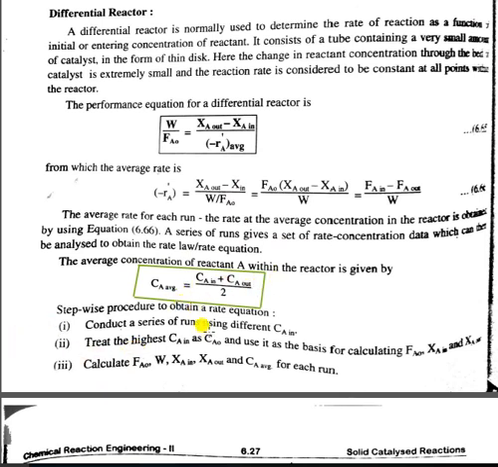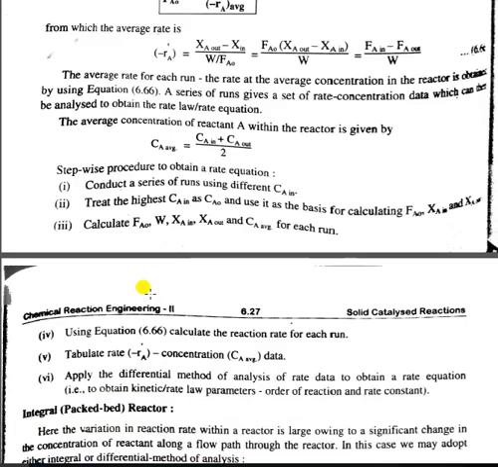Stepwise procedure to obtain a rate equation. First, conduct a series of runs using different concentrations of CA.